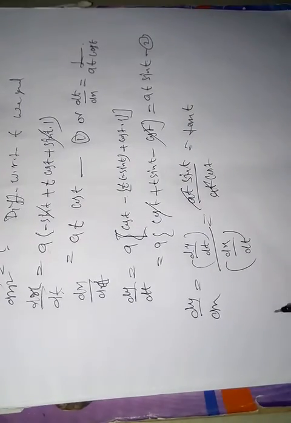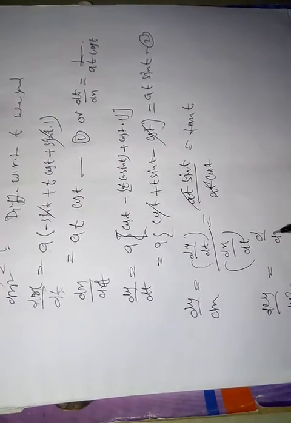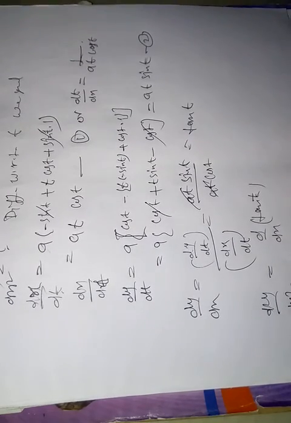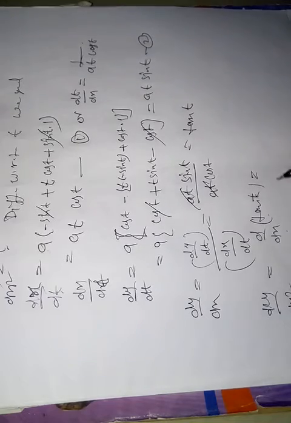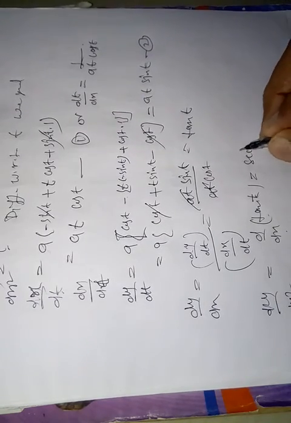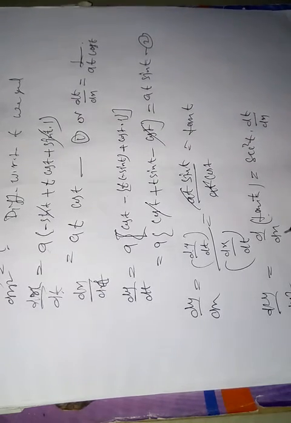Now find d2y/dx squared, which is d/dx of tan t, not with respect to t. The derivative of tan t is sec squared t, and we multiply by dt/dx, since t is the variable and we differentiate with respect to x.